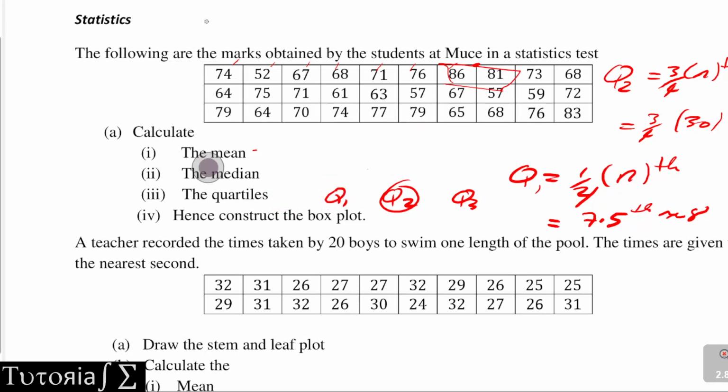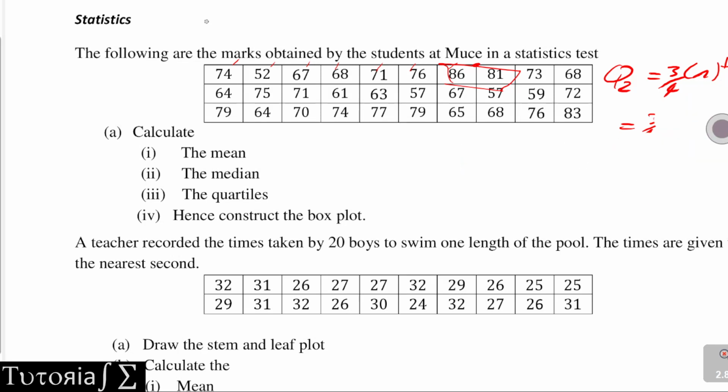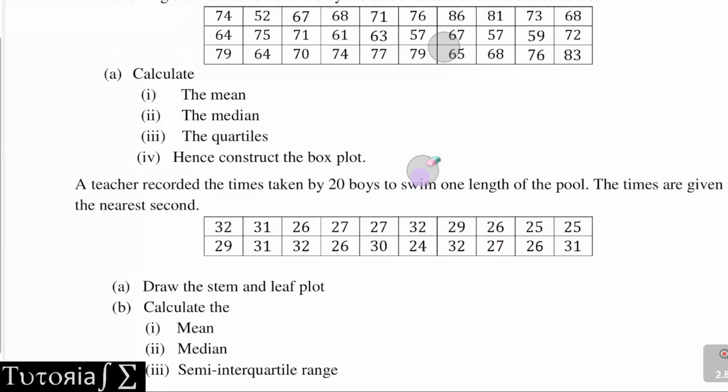Okay. Then for the box plot, there are a few things that we should look at. For the box plot, we need to find, first of all, the lowest number in our data.